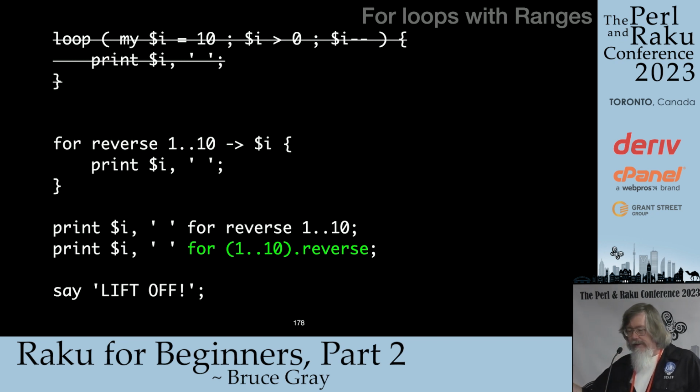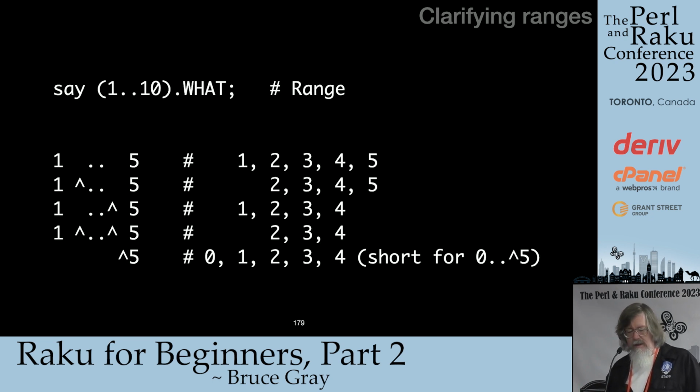Now, if the reverse method is called on 1 to 10, does that mean that it's expanded into a list of 1, 2, 3, 4, 5, 6, 7, 8, 9, 10, and then reversed? No. A range is an object. This surprises people. Range is an object. We have an object type, range.